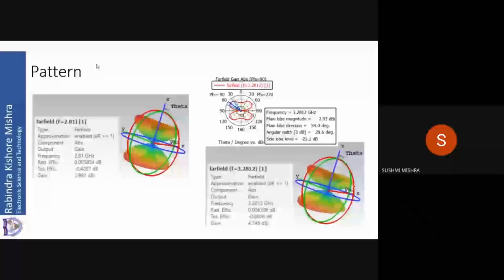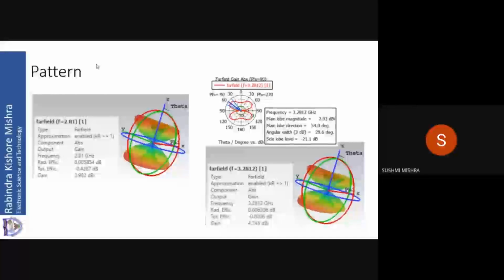There is nothing in the XY plane, or in the azimuth plane, so you have lost the complete pattern. The pattern is no more omnidirectional, so omnidirectionality is gone. Figure of 8 is gone. We are getting more side lobes which are merging.